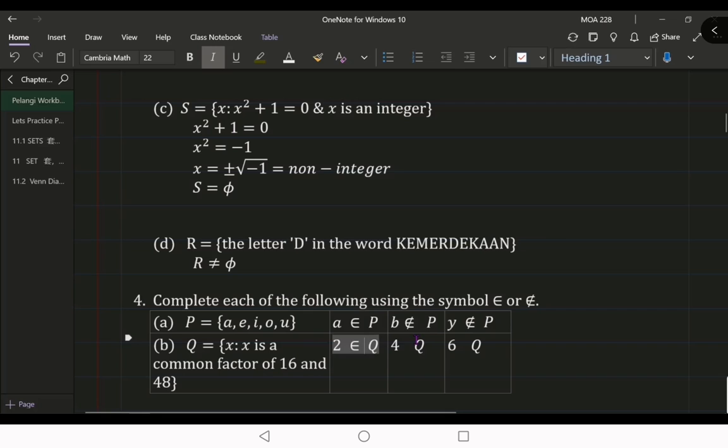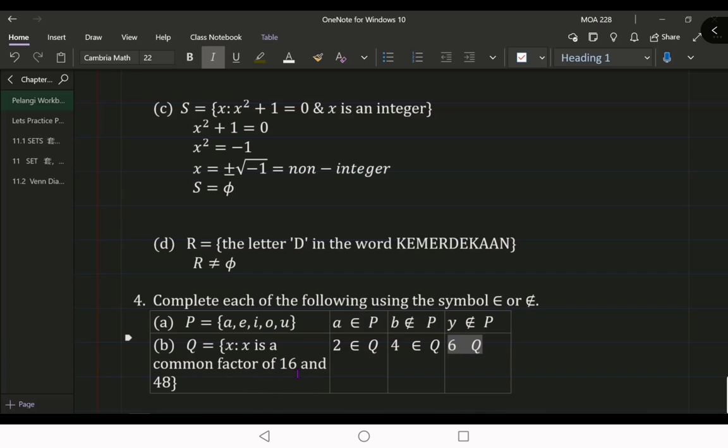How about 4? 16 divided by 4, we get 4. 48 divided by 4, we get 12. That means it's an element. Okay? It's inside the set. So about the 6, 16 divided by 6 cannot.